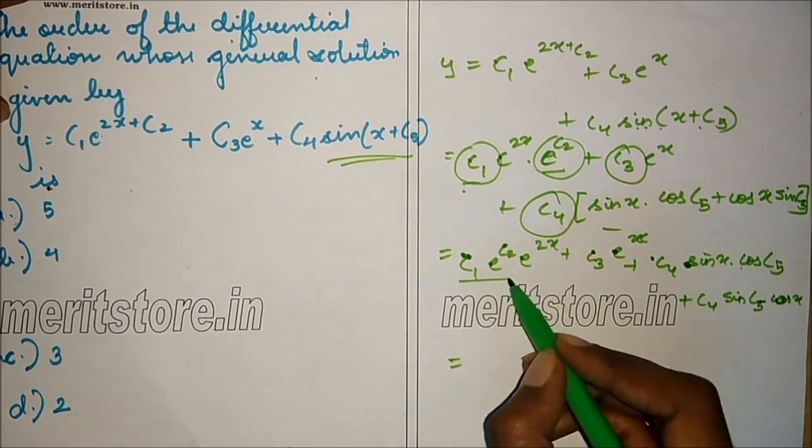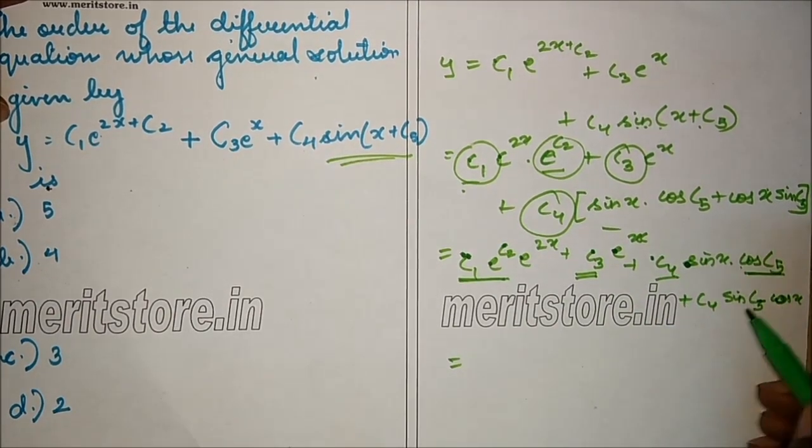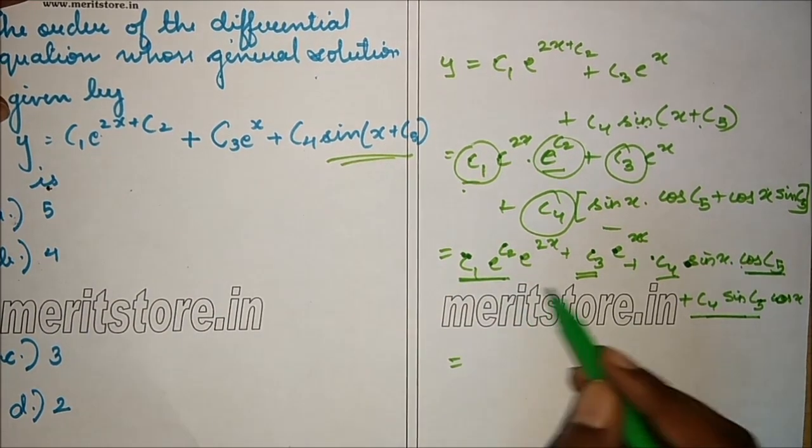So in this term, this is a constant, this is a constant, and this is a constant. So we replace all the constants with some letters a, b, c, d.